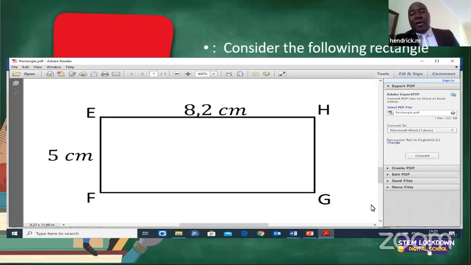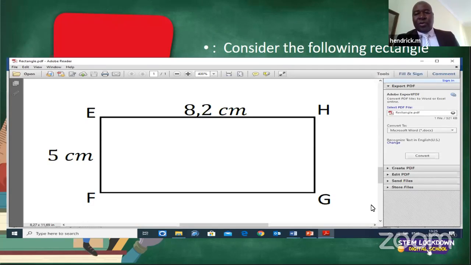And tell me, Dorika, how did you find the answer? I added 8,2 plus 8,2, then I added 5 plus 5, then I added the two answers together, then I got 26,4. Exactly. So you followed Ntokozo's method of adding all the sides to get the perimeter.